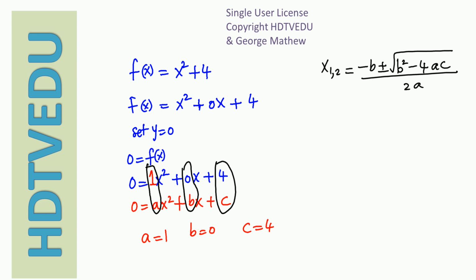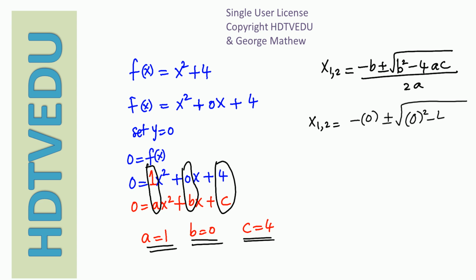Substitute for a, b, and c. A cannot be equal to 0. For our problem, a is equal to 1, b is equal to 0, c is equal to 4. So let's substitute that. What is negative of b? Negative 0 plus or minus the square root of 0 squared minus 4 times a, which is 1, times c, which is 4.